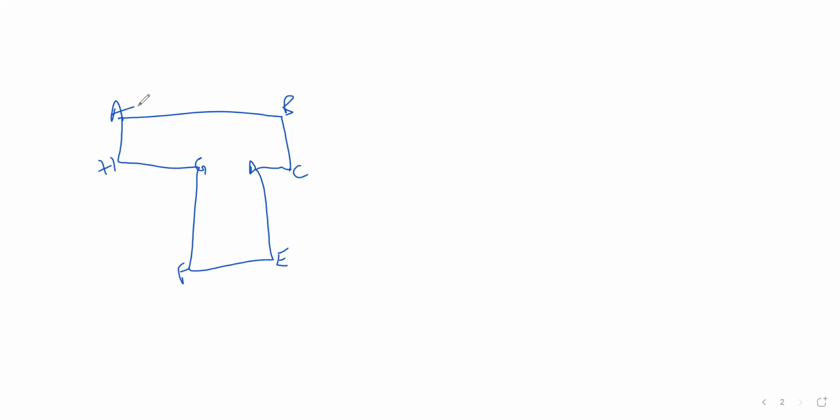So it will be AB plus BC plus CD plus DE plus EF plus FG plus GH plus HA. The total which comes is the perimeter of this figure.